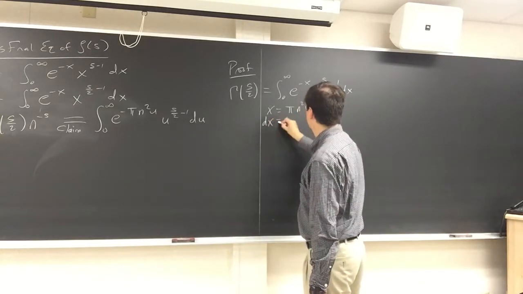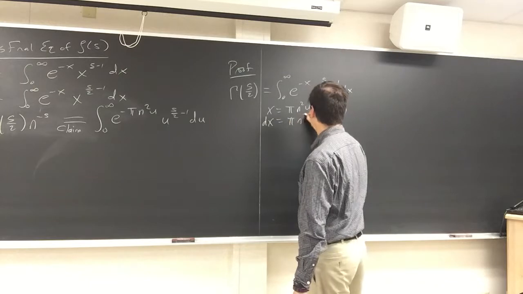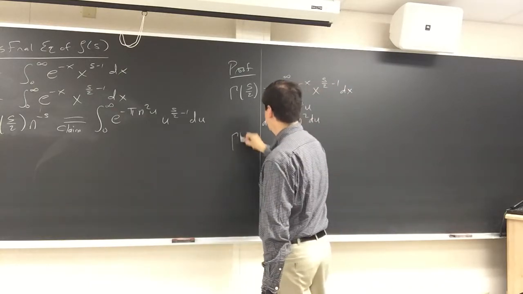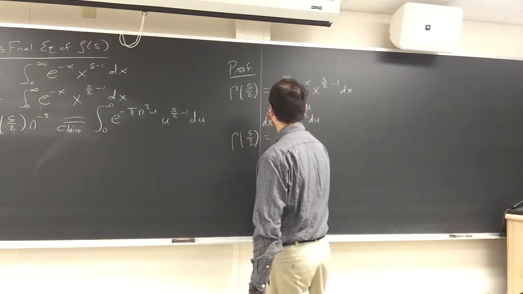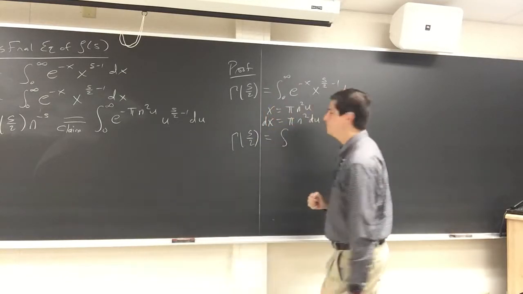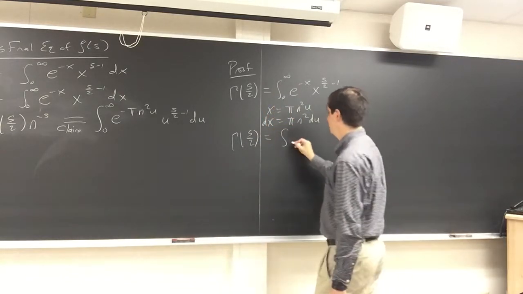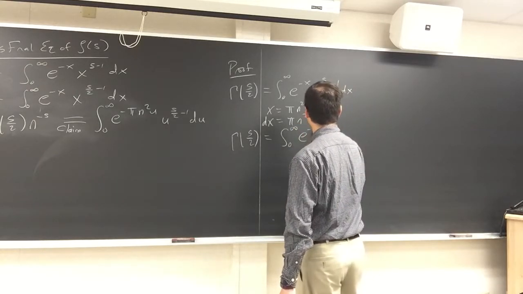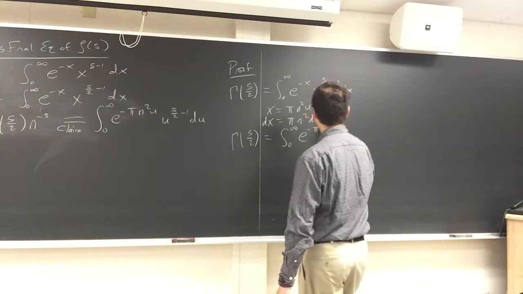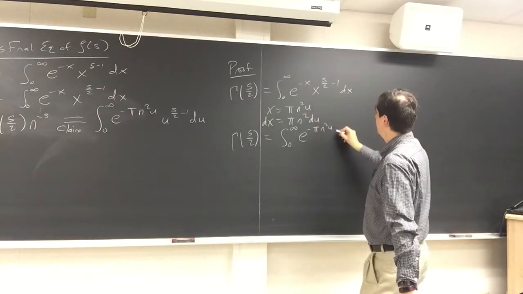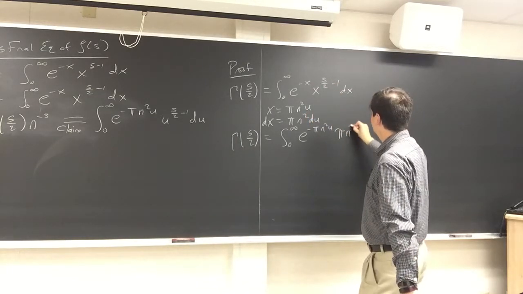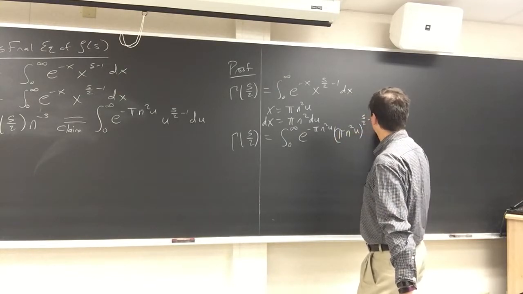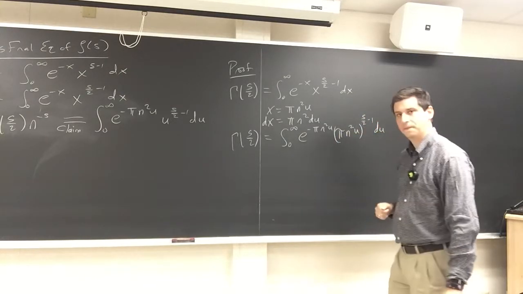Dx becomes pi n squared du. And now we'll get gamma of s halves is just the integral. Well, the range of integration is not going to change. It would be 0 to infinity. E to the negative pi n squared u. Now over here, I'll have a pi n squared u to the s halves minus 1 du.